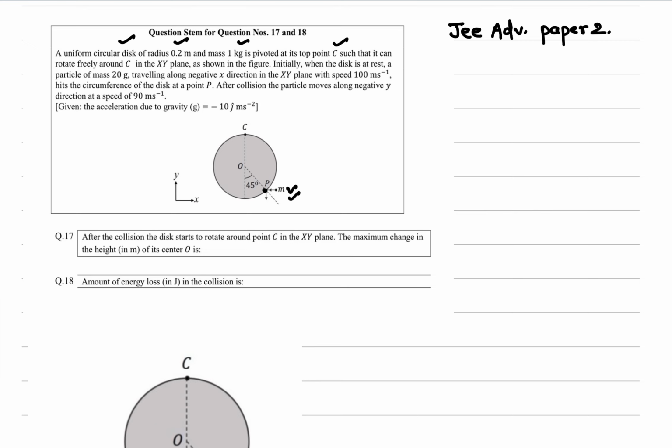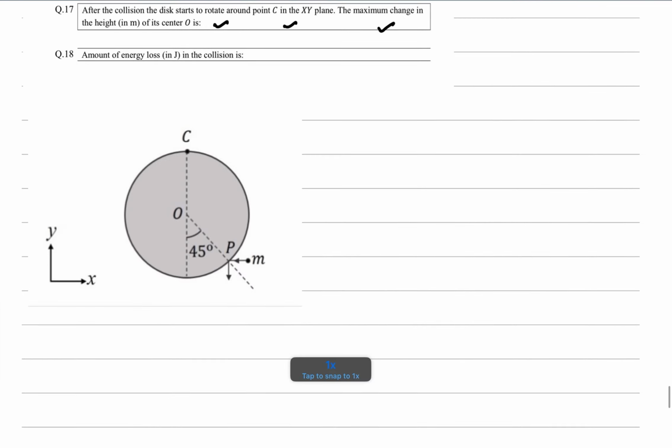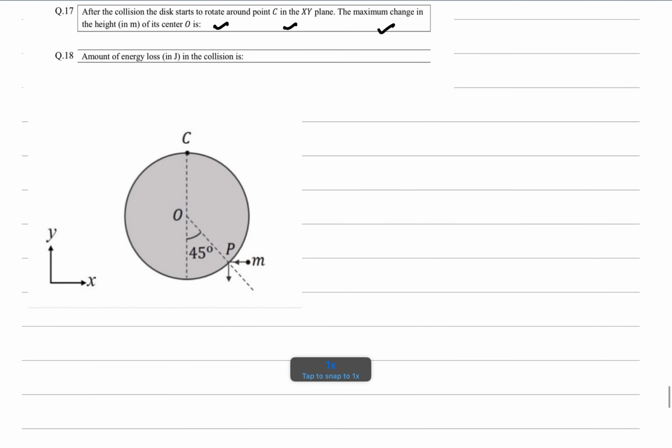So beta, in this question they are asking that after collision, the disk starts to rotate around the point C. What is the maximum change in the height? If we discuss this question, one thing is sure: if this particle of mass m is striking this disk, which is hinged about this point C, and we consider both as a system, there is no external force or torque acting on the system.